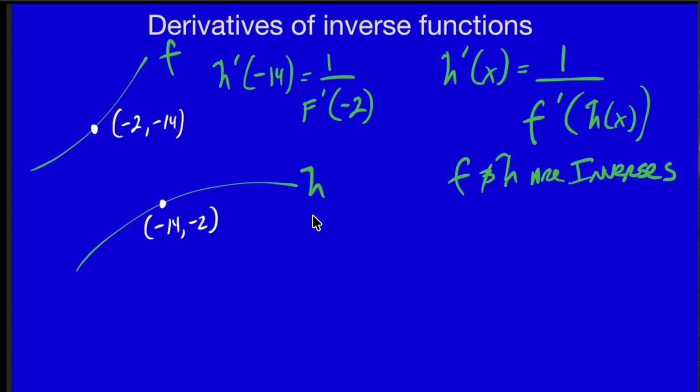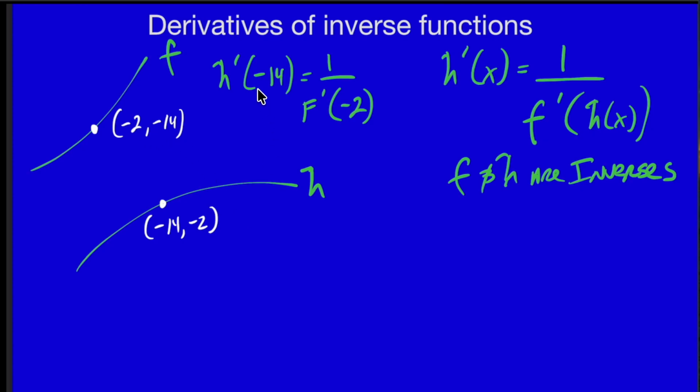So we switched our focus into finding the derivative here, the slope of the tangent line here, where we had the equation. And we recognize that if these are sister points, which we determined because they told us f of negative 2 is negative 14, then we could find the slope here by plugging negative 2 into f prime, getting that slope, and the reciprocal would be our answer.